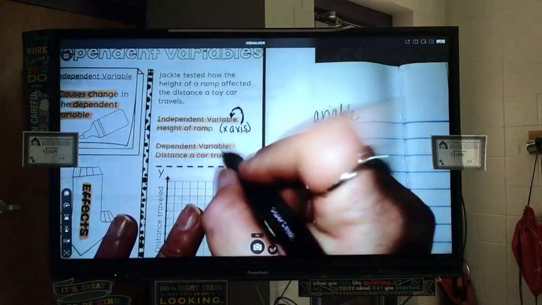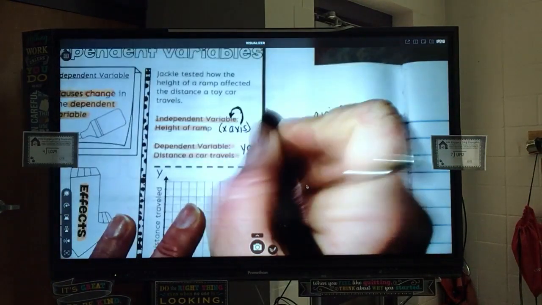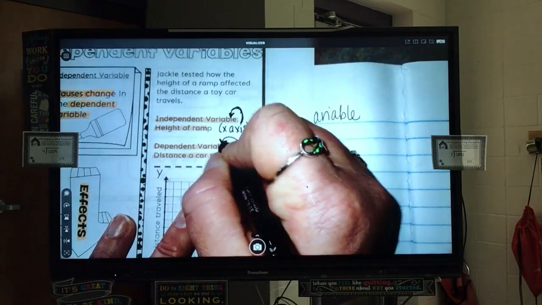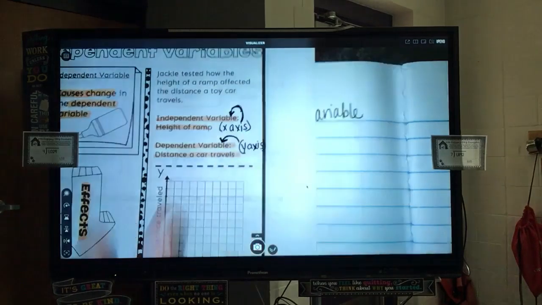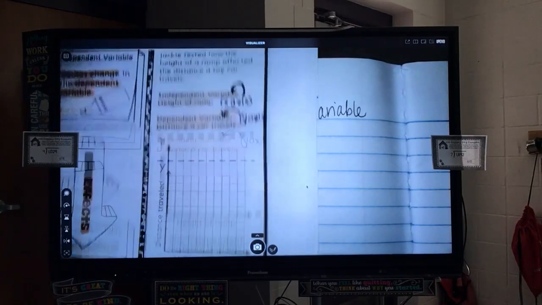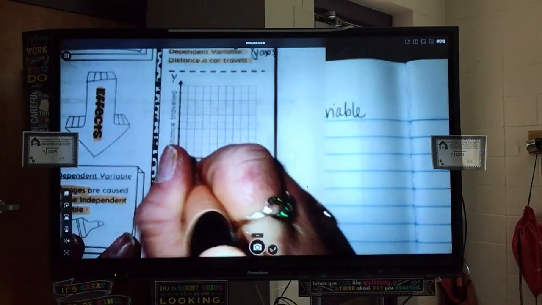Your y-axis is always your dependent variable. So that's a little bit of a trick to remember, that X is always your independent, even if you're not sure. X is always your independent, Y is always your dependent. And you can go ahead and highlight down here.